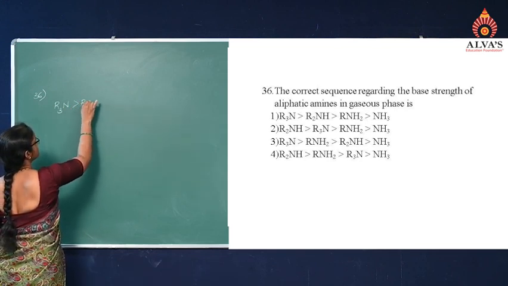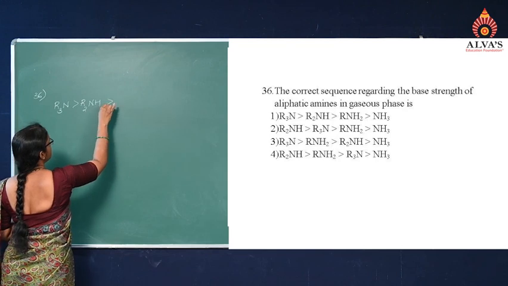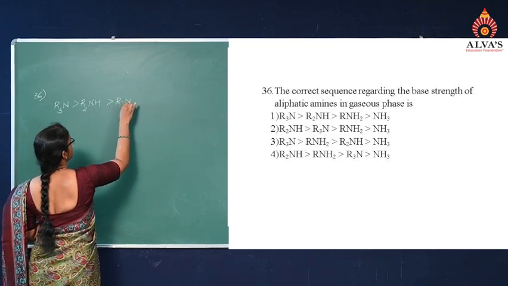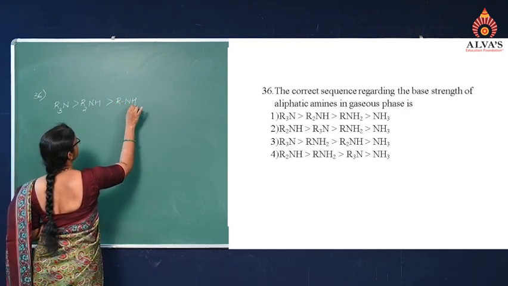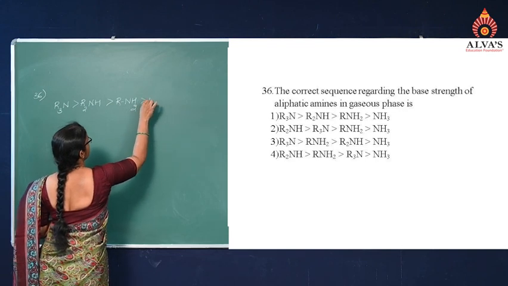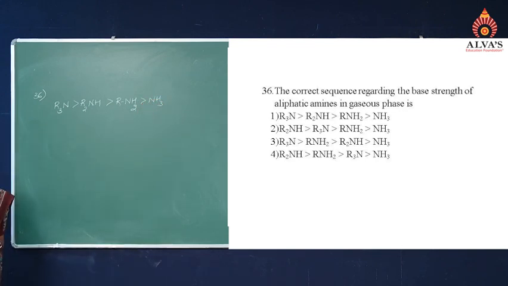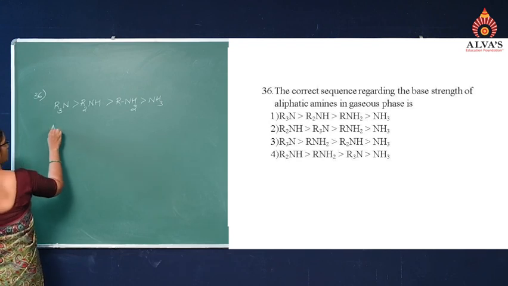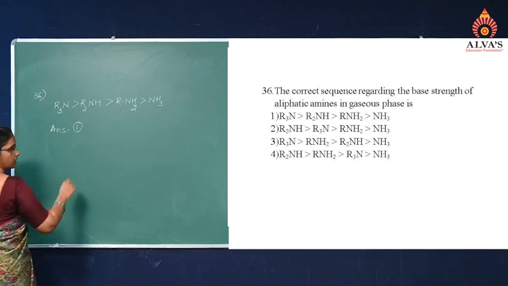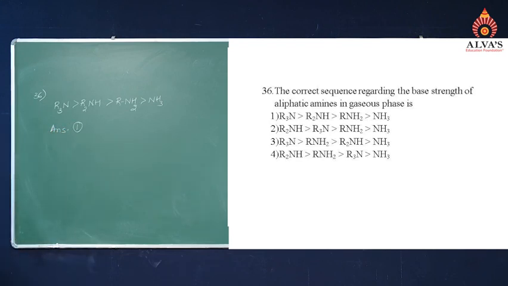Then comes secondary amine, then comes primary amine, and finally we have ammonia. Hence, the basicity order of amines is option 1. Answer is option 1.